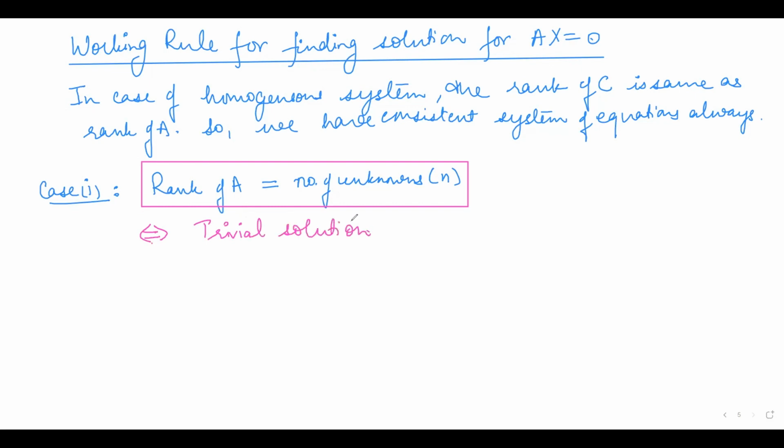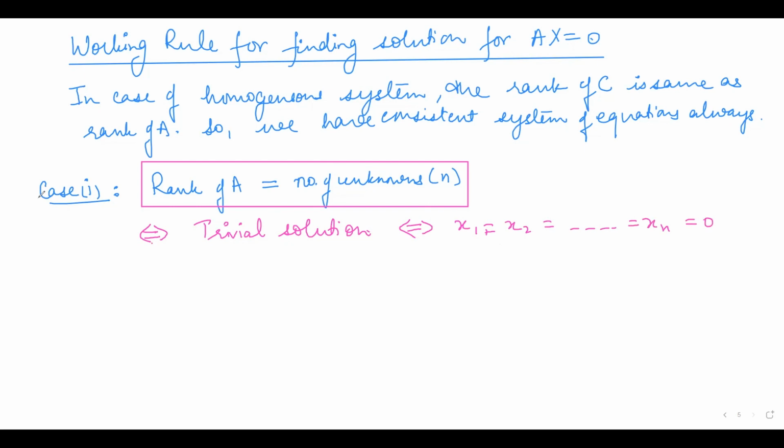A trivial solution would be that all the xi's are equal to 0. That means x1, x2, up till xn are all equal to 0.